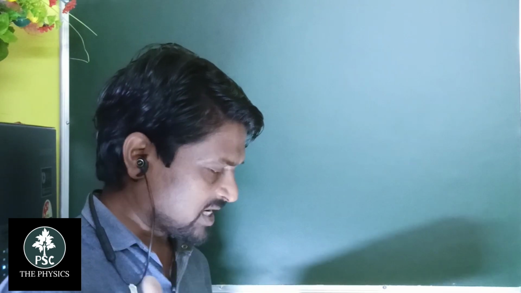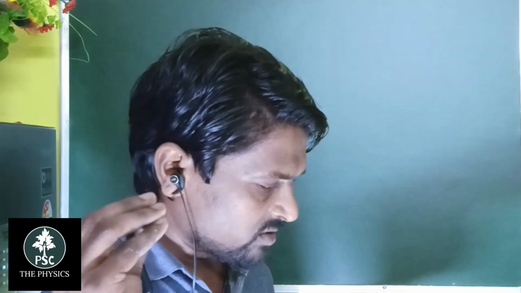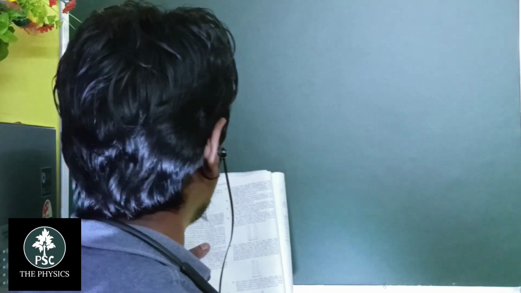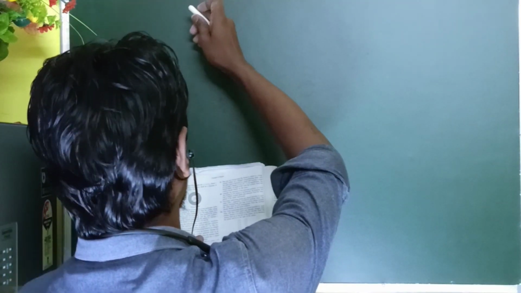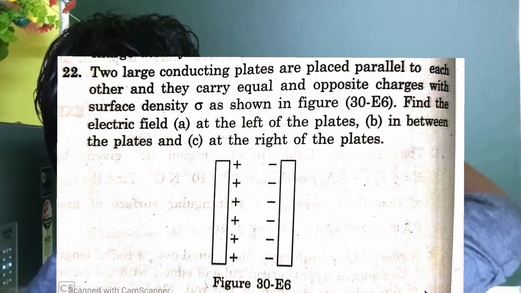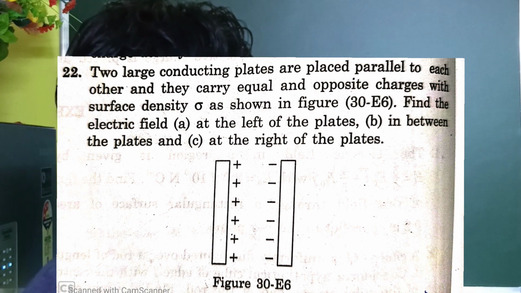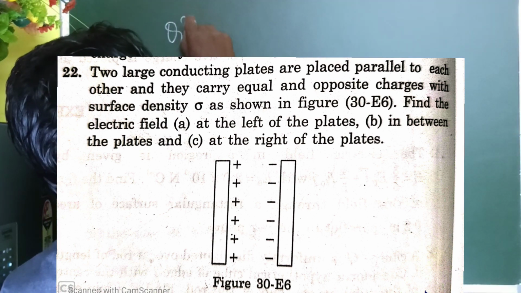So try them one by one and clear your concepts, at least one or two numericals per day, then I think it will be better for your concepts. So question 22.